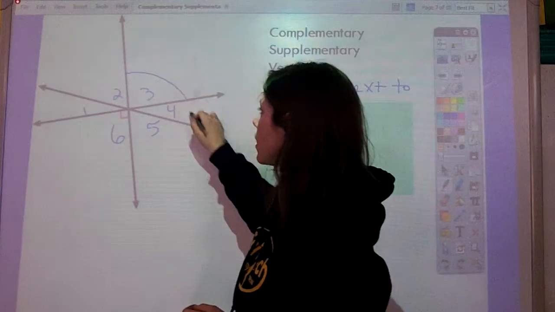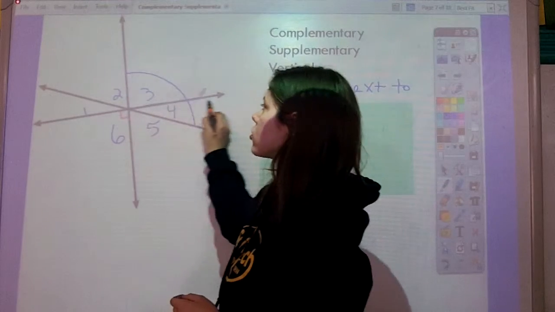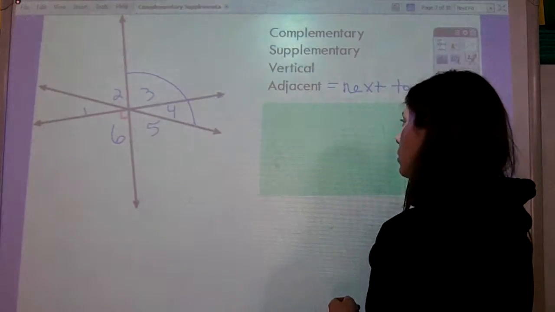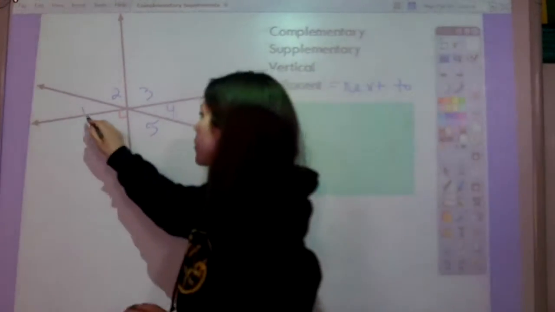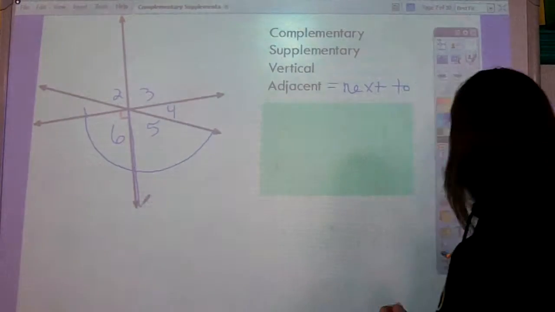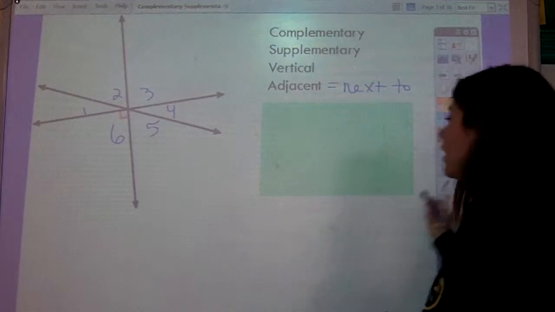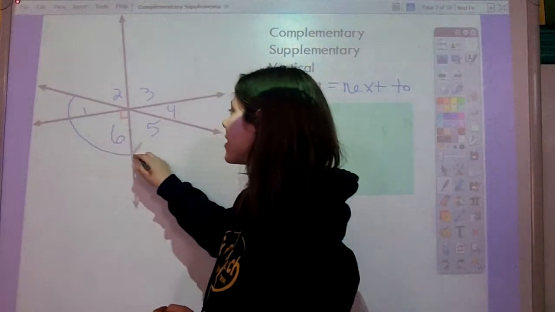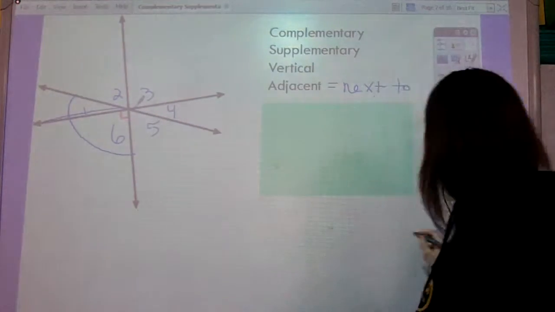Angle 3 and angle 4 are adjacent because they share a line. Angle 6 and 5 are adjacent, they share a line. Angle 1 and 6 are adjacent, they share a line.